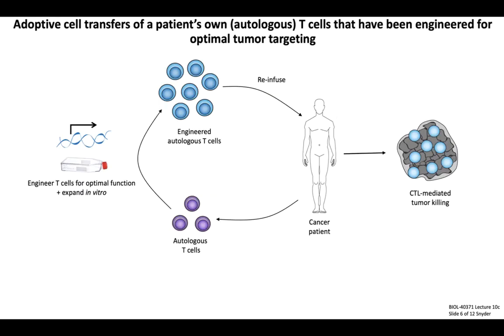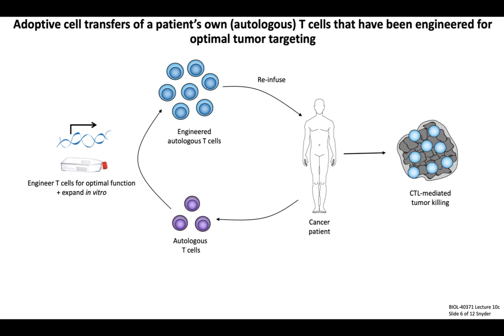The last type of immunotherapy we will talk about today are some really powerful T cell products that have been engineered to optimize their ability to identify and kill tumor cells. This is often referred to as adoptive T cell therapy and consists of a similar process to the Provenge dendritic cell vaccine that we talked about a few slides ago.